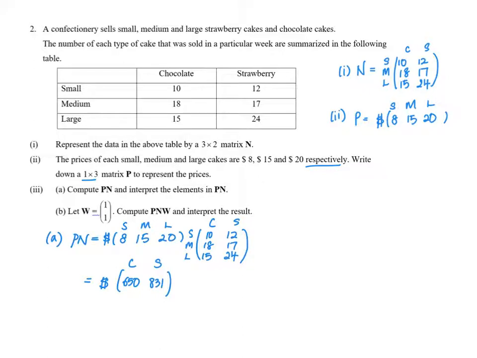Okay, so what does this matrix mean? Interpret the elements in PN. So now we can see very clearly, this means I have the number of cakes sold multiplied to the price. That means it's the total amount of earnings from selling chocolate and strawberry respectively.